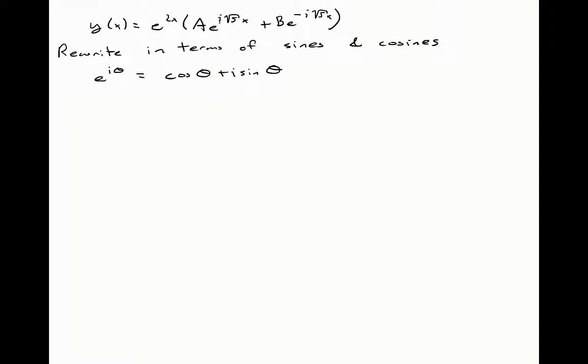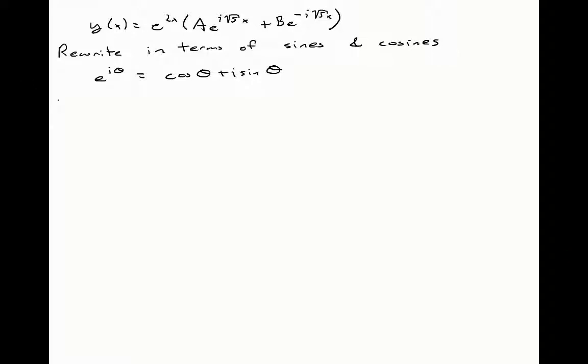Where we have e to the i square root of 5x, plug in square root of 5x for your theta. Do the same thing on this term. Clean it up as much as you can, but after you have a go at it, press play and I'll talk about how I like to clean it up, if you can't decide what your favorite way is. So press pause and give it a go.